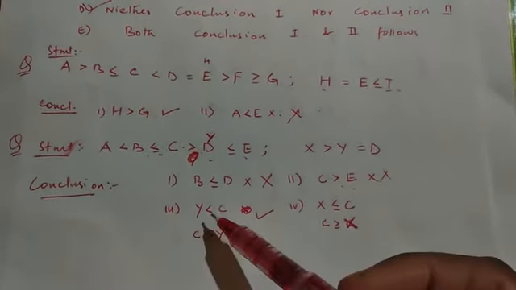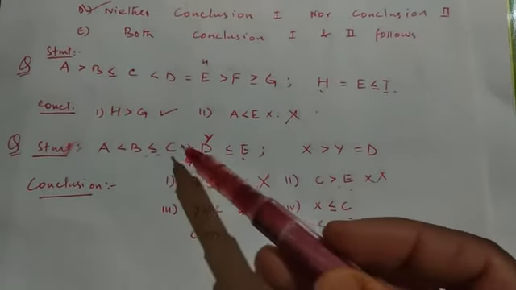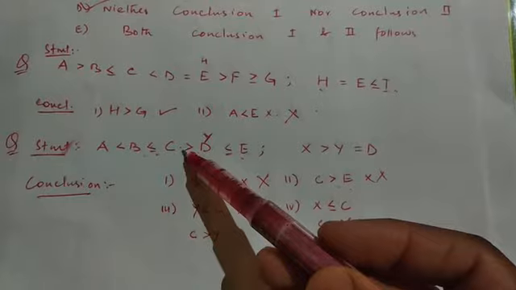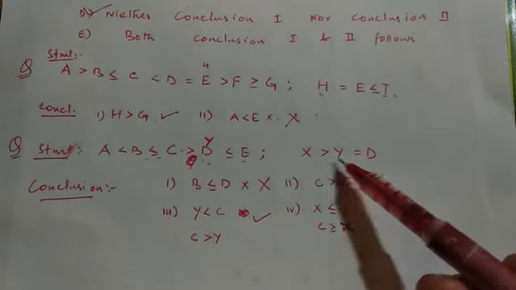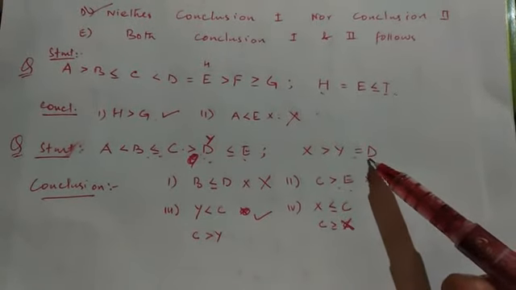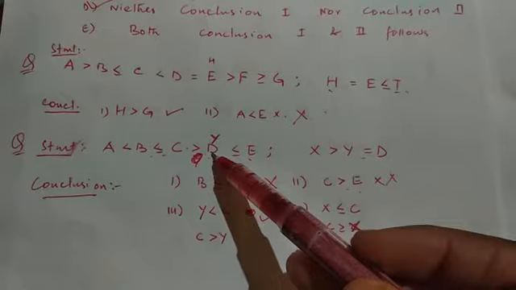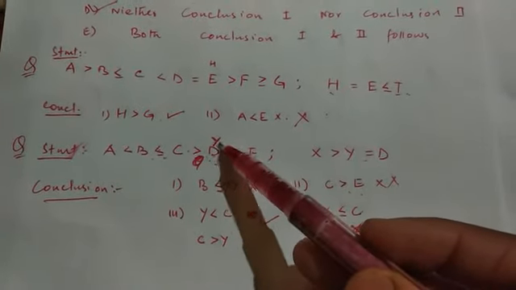Our third conclusion is Y is less than C, means Y is here and C is here. But we know that D is here and D is also here. In both the sections we have D as a common element, so instead of D we can write Y here. So I have written Y here.